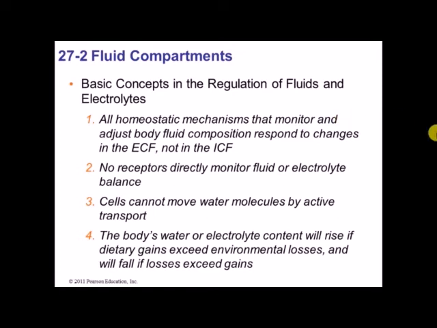So we're looking at our plasma, and changes in our cerebrospinal fluid, and that's where changes will be made if these fluids' composition has been altered. We know there are no receptors that directly monitor fluid or electrolyte balance, but the body will monitor plasma volume and osmotic concentration. So these things are closely monitored.